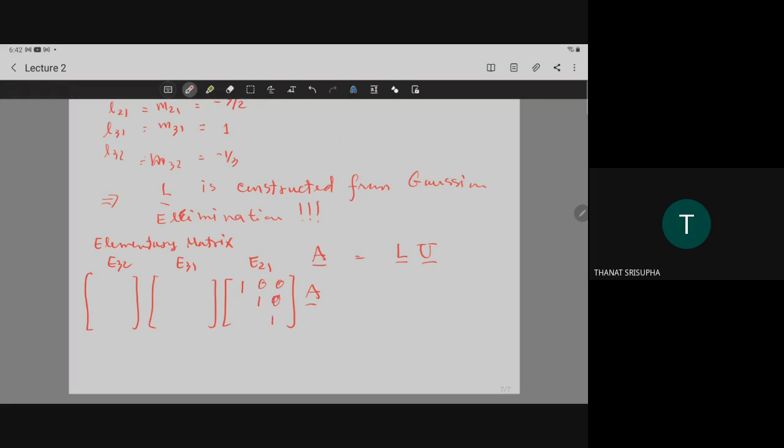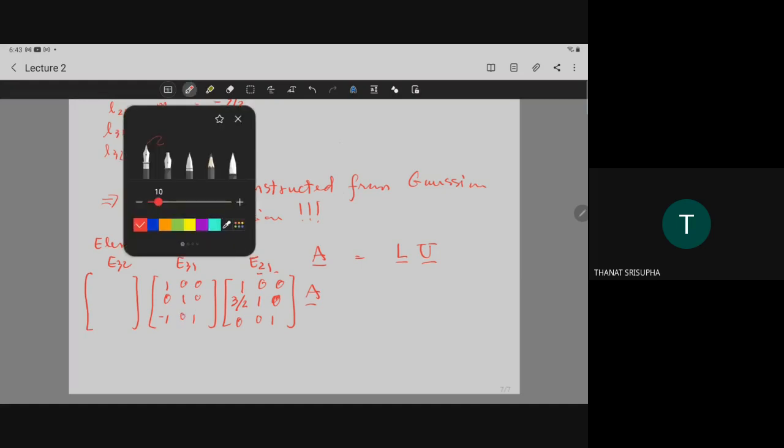It's still a lower triangular matrix, with the value at index 21 as M21, but we put a negative sign to it, and the rest is the same. For E31, it's also the same lower triangular matrix, and at index 31 we put the negative of the coefficient.